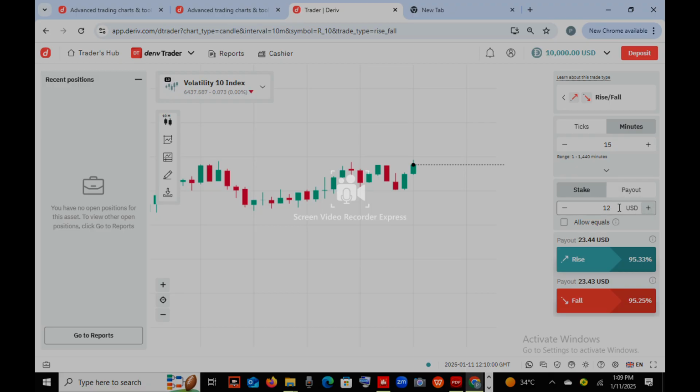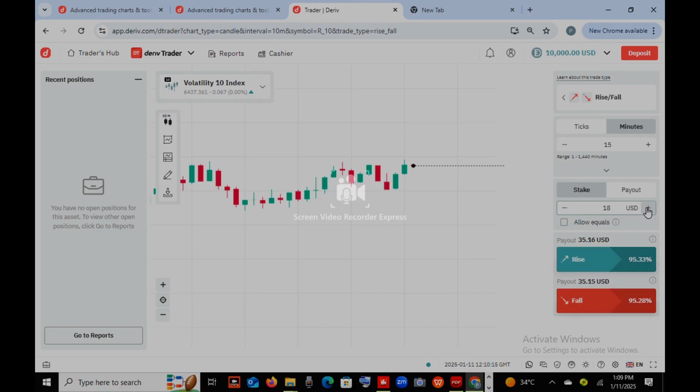But then you take note of this and always change your minutes, change your dollar staking to any amounts you want depending on what you have in your accounts.